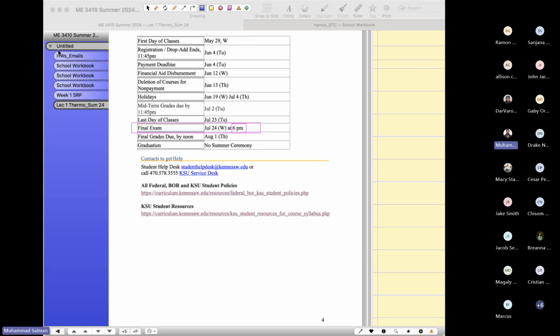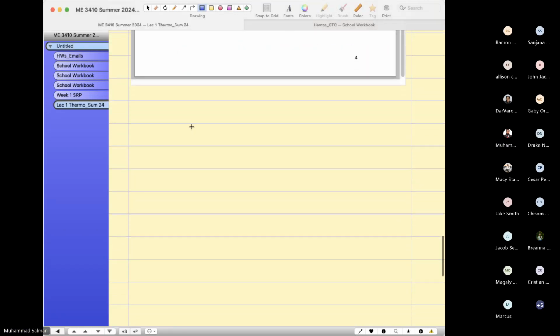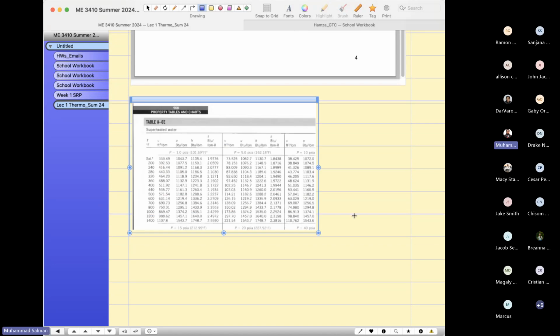Okay, so let us start. Just for instance, I want to show you an example screenshot of your book, page 968.